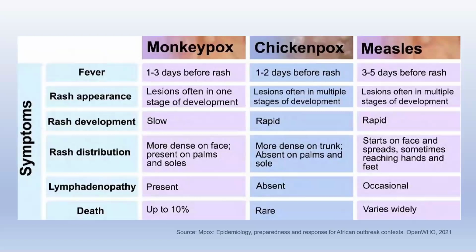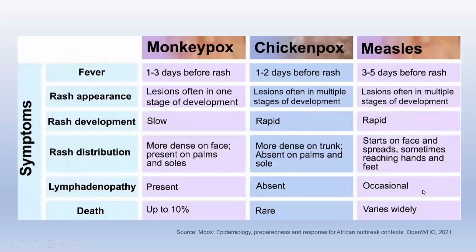Looking at the distribution in monkeypox, more dense on the face, can also be present on the palms and soles. In chickenpox, it's more dense on the trunk, highly unlikely to present on the palms and the soles. And in measles, it starts on the face and spreads. Sometimes it can occur on the hands and on the feet. Watch out for lymphadenopathy because it's present in Mpox, especially cervical lymphadenopathy.